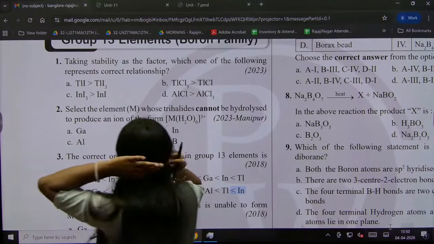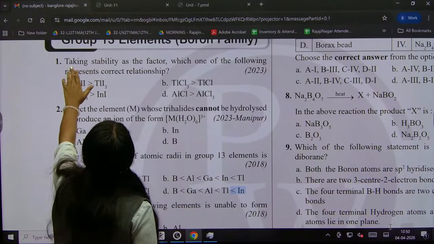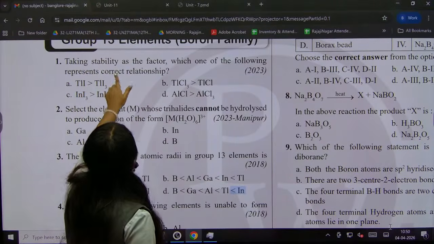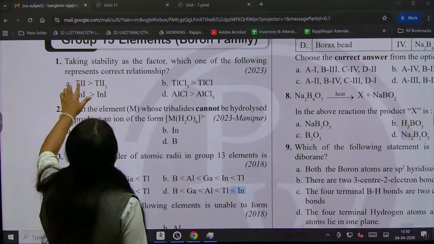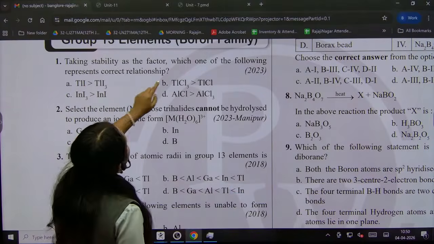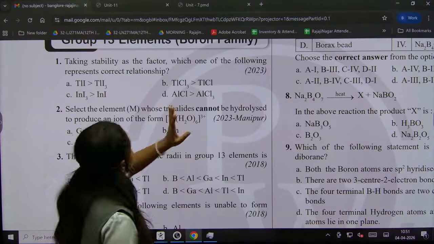Let's discuss this question. Taking stability as a factor, which one of the following represents the correct relationship? We know thallium +1 is more stable than +3. Thallium +3, no. Aluminium +1, aluminium does not show +1.